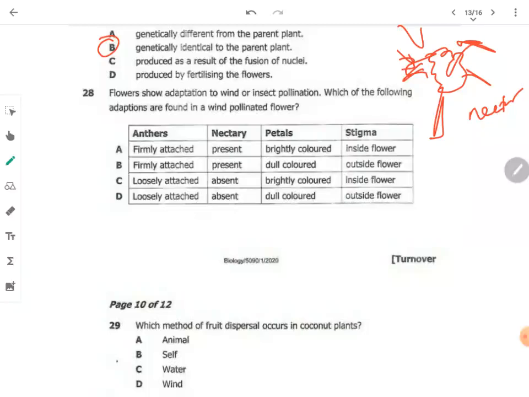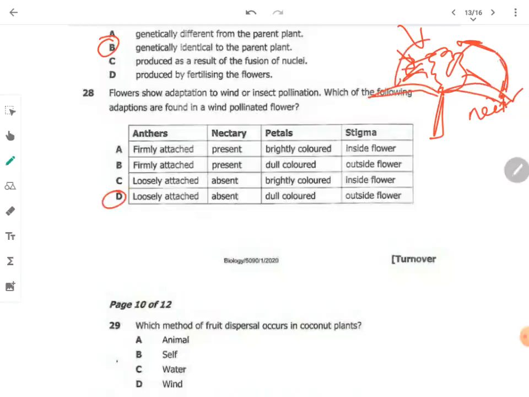Then how is the stigma? The stigma is pendulous. They are quite big and pendulous, so that whenever the pollen comes, it is able to fall easily there. So they are outside the flower. So the answer there is D.